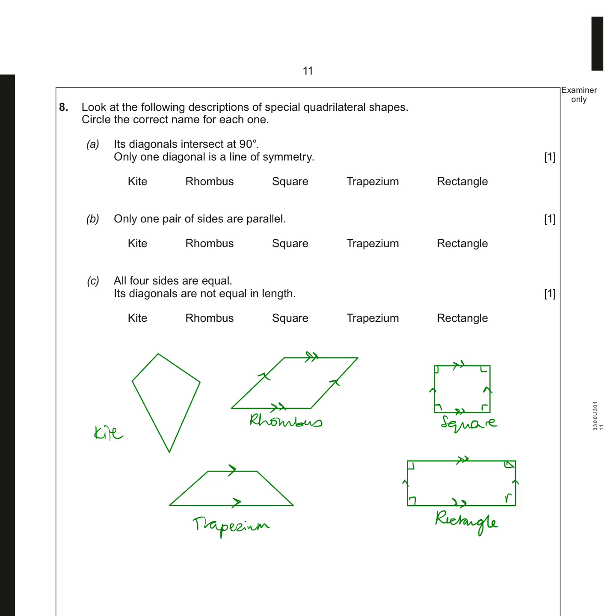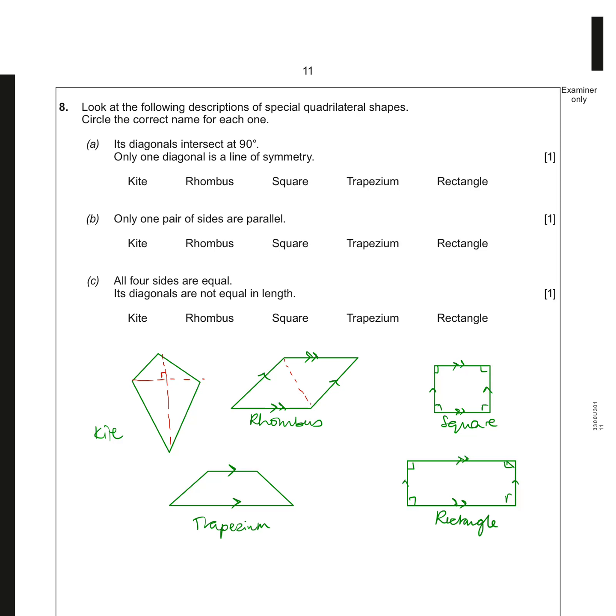Okay. Question A, its diagonals intersect at 90. Difficult to see. And only one diagonal is a line of symmetry. Difficult to see because of my bad drawing of a kite, but these diagonals here would intersect at 90.